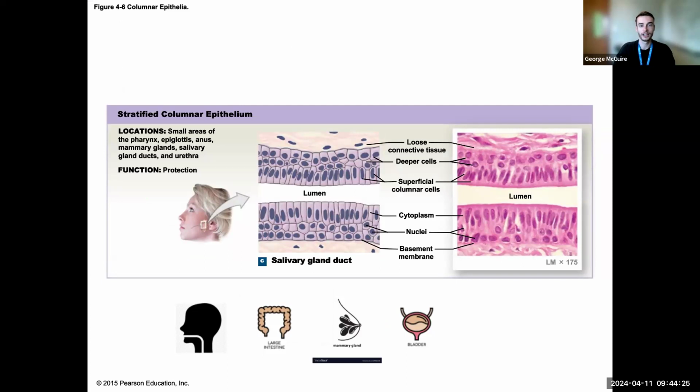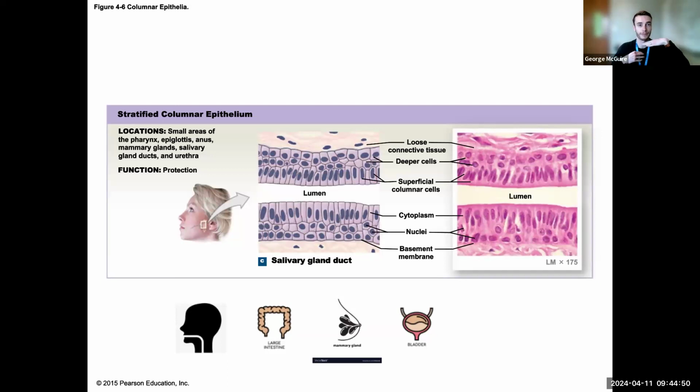And then we do have some actual stratified columnar epithelia. These would be in small areas of the pharynx and epiglottis of our throat. The epiglottis is that little muscular flap that protects essentially your airway. When you swallow, that is going to be closed so that whatever you are swallowing is going down your esophagus instead of your trachea.